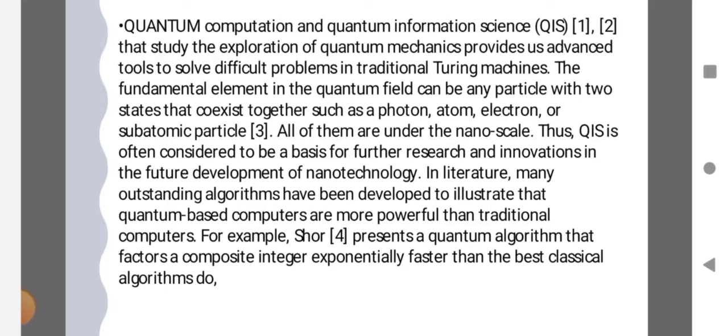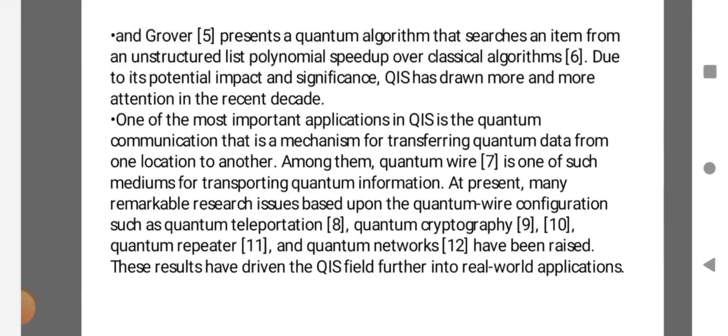In the literature, many outstanding algorithms have been developed to illustrate that quantum based computers are more powerful than traditional computers. For example, Shor's algorithm represents a quantum algorithm that factors a composite integer exponentially faster than the best classical algorithms do.